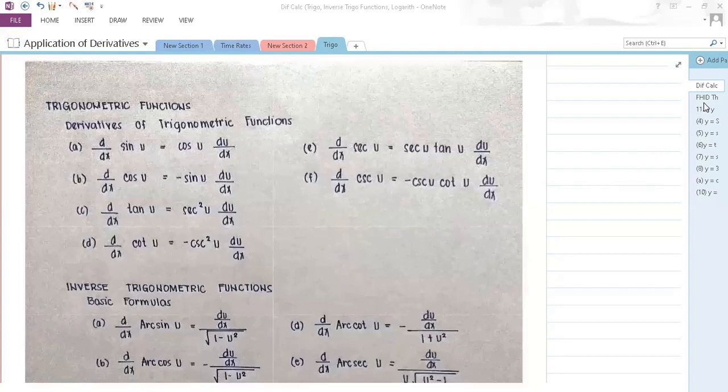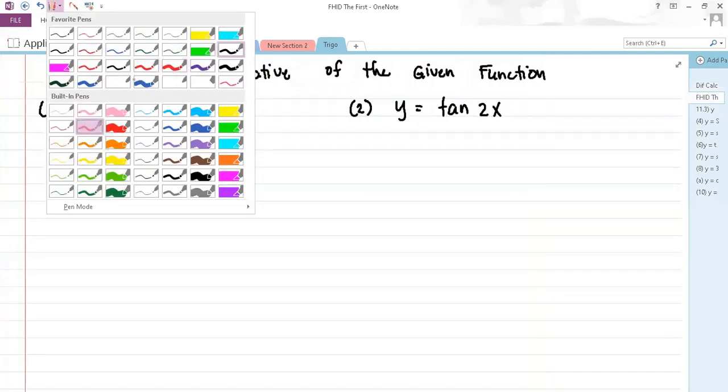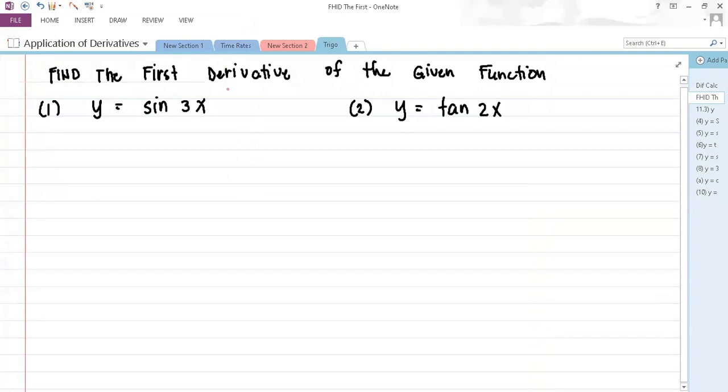For us to understand how to calculate the derivatives of trigonometric functions, let's illustrate an example. We have to find the first derivative of the given function. Example 1: find the derivative of y equals sine of 3x. Our u here is 3x.